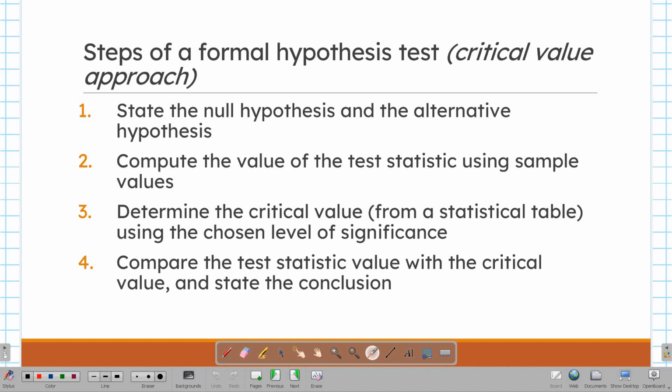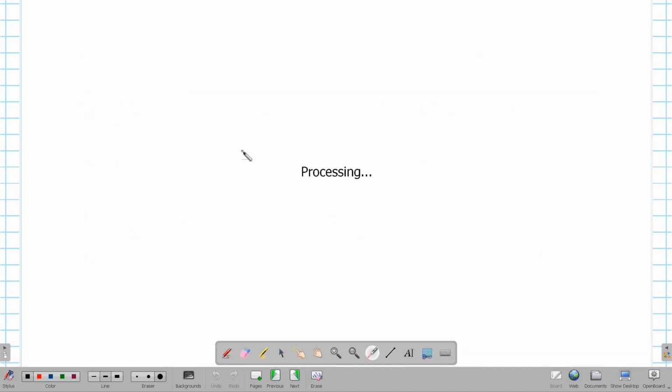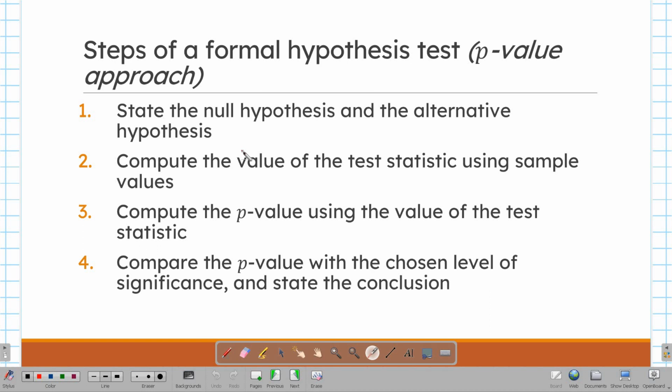Then we compute the value of the test statistic. Then we determine the critical value from a table, whether a Z table or a T table, or there might be other tables to use. Then we compare using a decision rule. In the p-value method, steps 1 and 2 are the same, whether you use the critical value or the p-value. Steps 3 and 4 will be different.